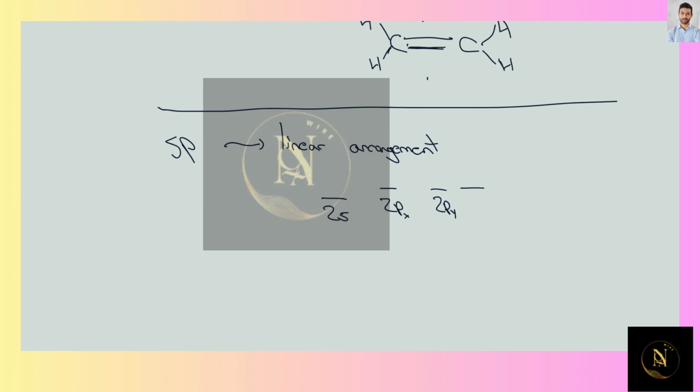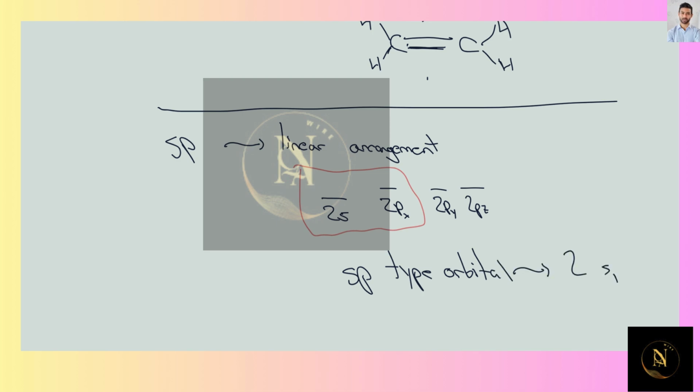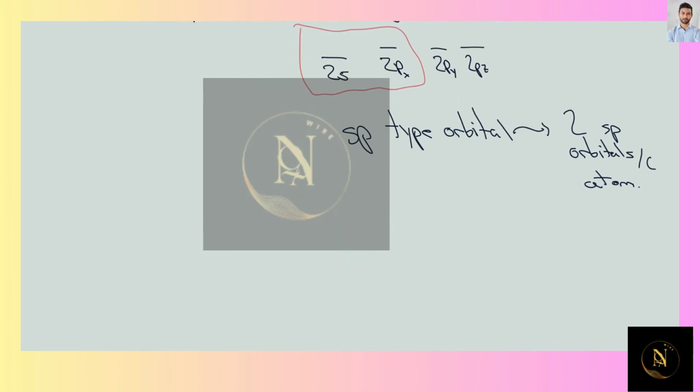And we're going to have the 2py and 2pz on their own. The only ones that are going to combine are the two over here, generating the sp-type orbital. How many of them? We're going to have 2 sp orbitals per carbon atom, and the other two are going to be free.